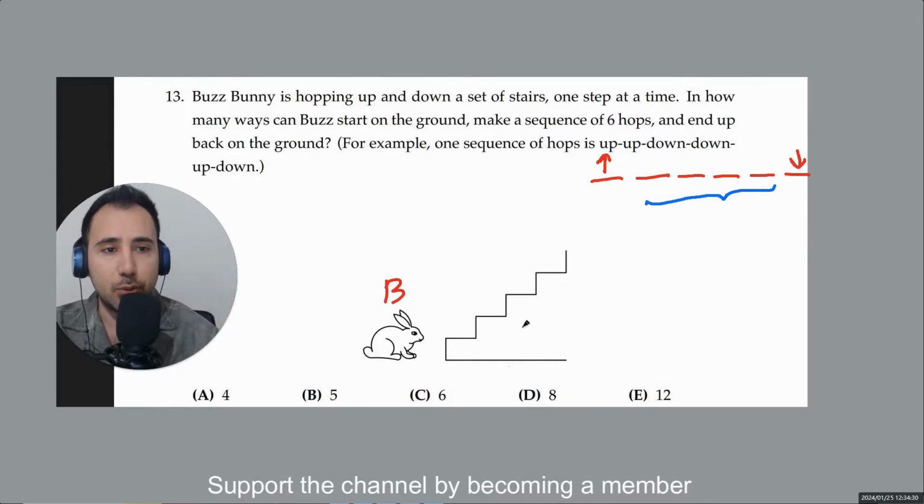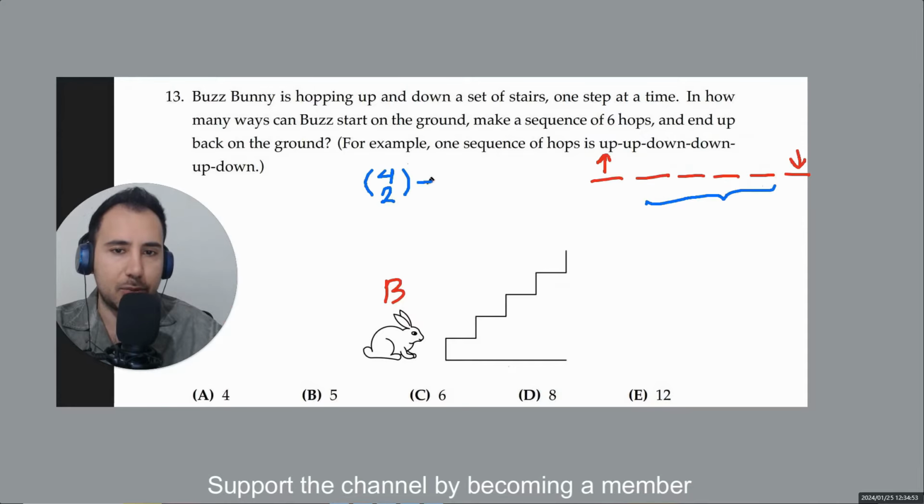We need 2 ups, okay, and we could place them anywhere here. So my 2 ups could be here, or my 2 ups could be at the end, right? So there's a formula for it. I have 4 positions. I want to choose 2. Okay, so it's going to be a combination of 4 and 2.